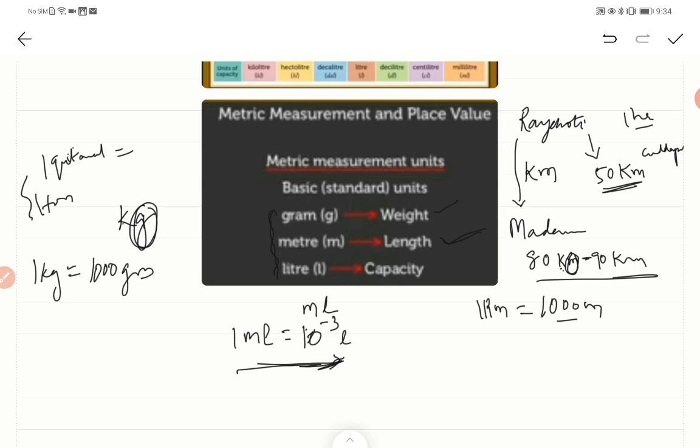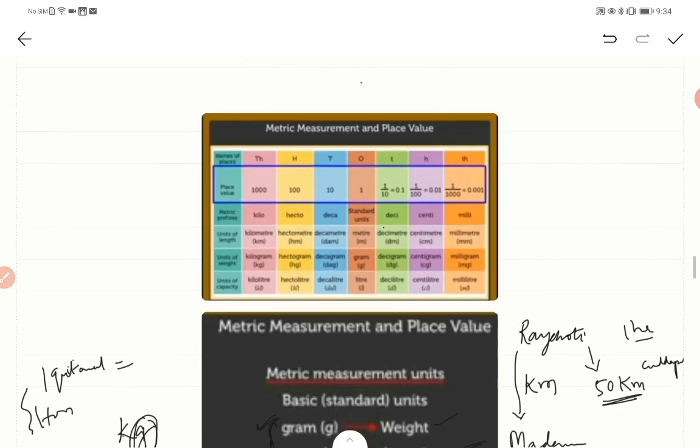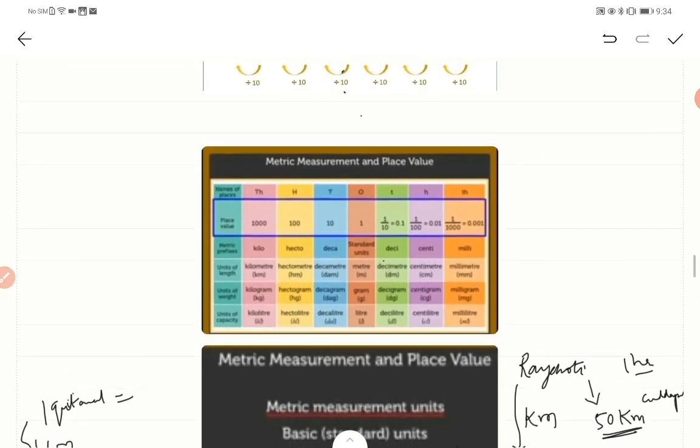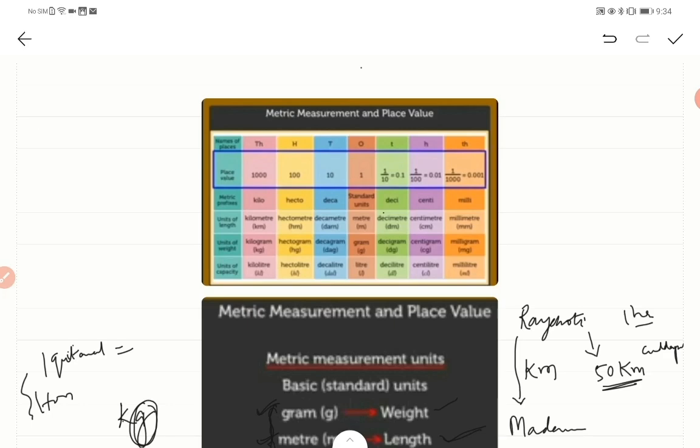All these measurements come from the basic standard units: grams, meters, and liters. Other than these three, we have many measurements used in our daily life. How exactly are you going to give them? Let us see by using place values.